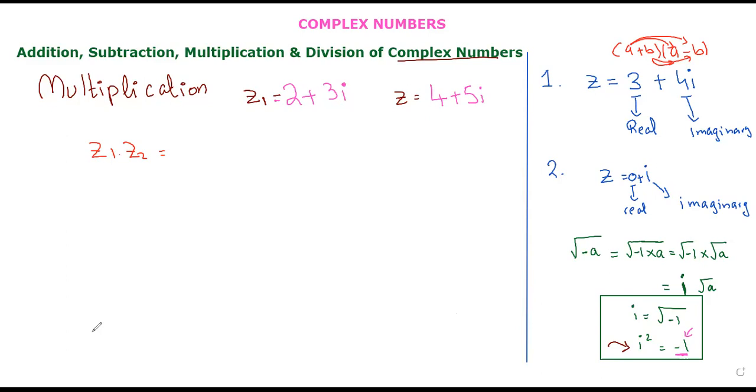Yes, very good. Excellent. Very well done. The answer is minus 7 plus 22i. Okay. So are you comfortable with multiplication now? Yes. And addition and subtraction was already easy, right?